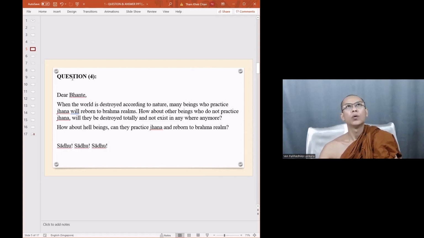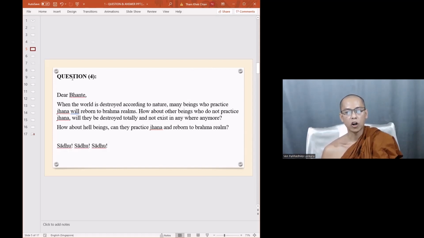Okay, so we can consider that for some beings, before the end of the world is destroyed, much encouragement is given by the Devas and Brahmas to practice up to the jhana level.